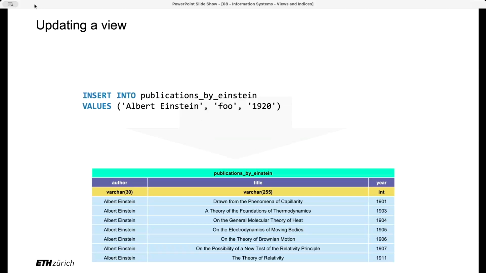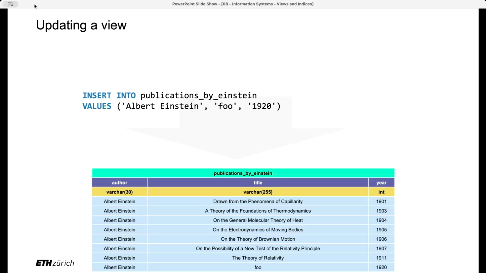So what it means to update a view, imagine that now I try to insert into my view Albert Einstein foo 1920. That modifies my view. But wait, a view is supposed to be generated from the data, right? So how can I insert something in there? Well, in fact, you're not really inserting something into the view.